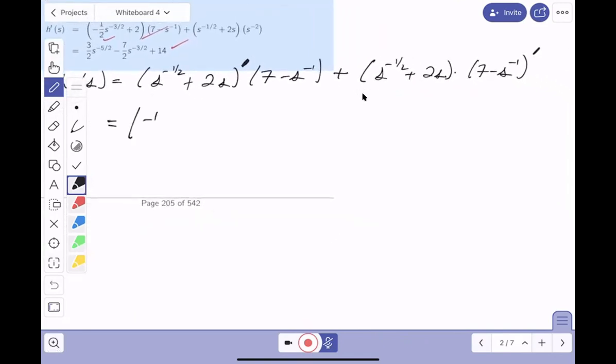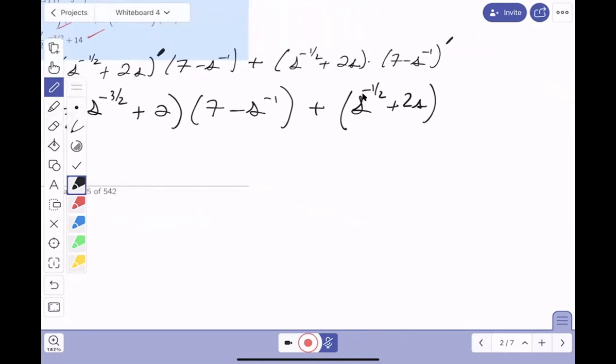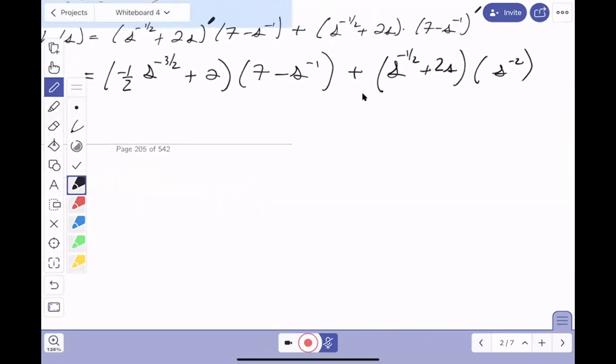This will be minus 1/2 s to the minus 3/2 plus 2 times 7 minus s to the minus 1 plus, we'll get the same answer, I assure you of that. And if we don't, we're doing something wrong. And what's that second guy's derivative? It would be, let's see, s to the minus 2, right? Well, I got to do some multiplications, and it's a little bit annoying, but I got to do it.